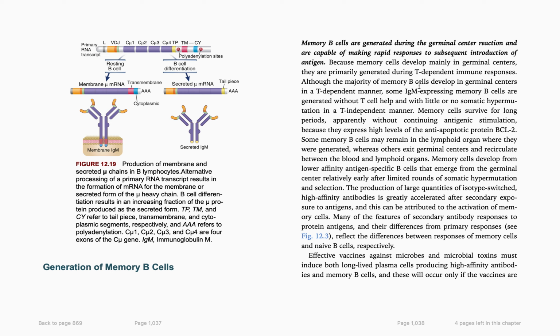Memory cells develop from lower affinity antigen-specific B cells that exit the germinal center relatively early, after a limited round of somatic hypermutation and selection.